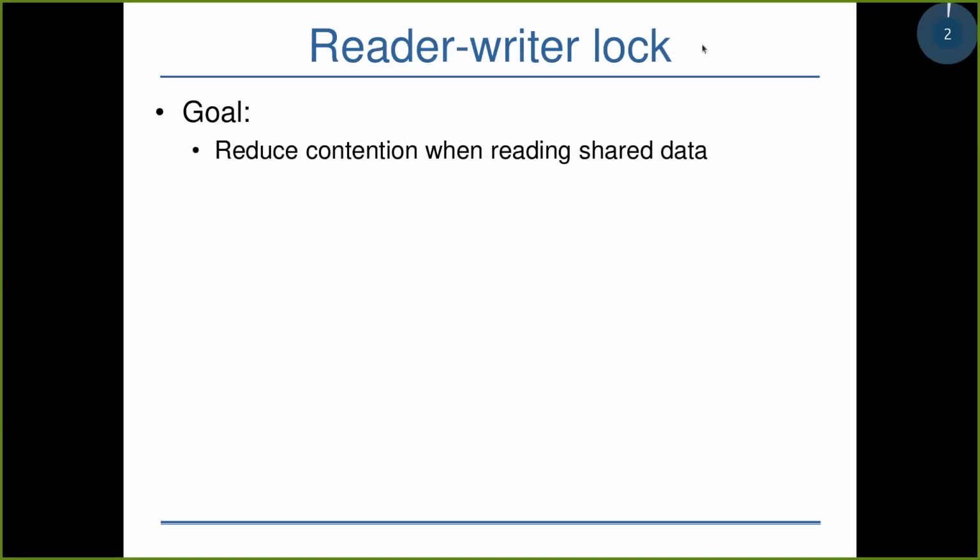So the main idea is that you want to reduce the contention when reading shared data. Because remember, reading doesn't cause a problem itself. If two threads are reading the same data, that is not an issue. The issue arises when one thread is writing and other threads are reading.